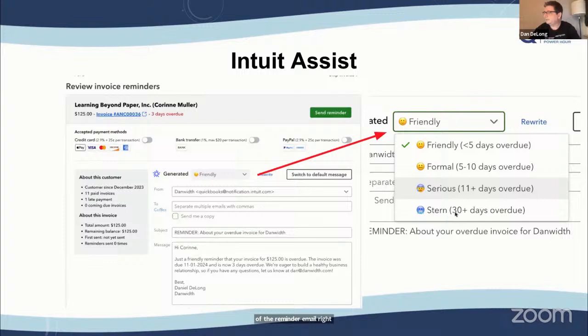I could have made it stern, which would be interesting to see, how that changes the wording. But you could do that right on the fly, and you have it essentially all in one screen.